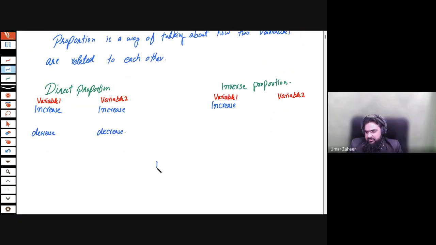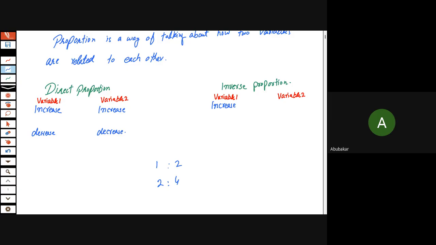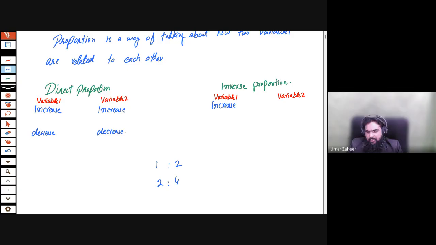Means you have 1 ratio 2, you multiply it, and it is 2 ratio 4. You see that. All right, it can be an example of proportion, but obviously here we are not talking about constant numbers. The things may just vary.